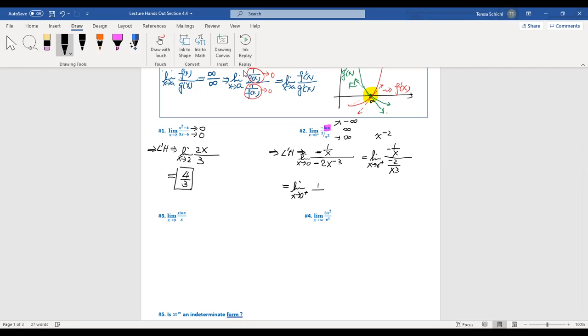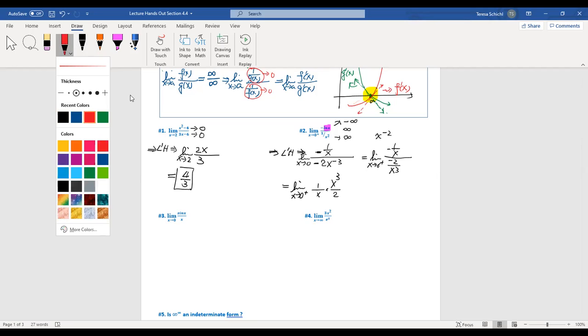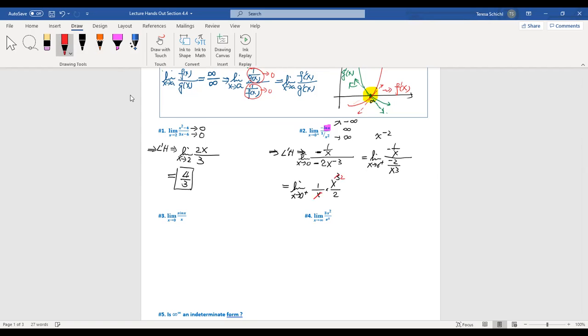And then this is 1 over x times x cubed over 2. Here we cancel, so it will be equal to the limit as x approaches 0 of x squared over 2. So what is the answer here? It's 0. All right.